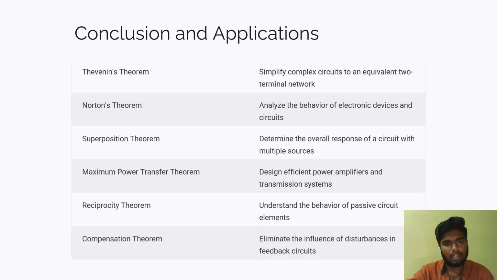Coming to the conclusion and applications of these theorems: Thevenin's theorem simplifies complex circuits to an equivalent two-terminal network. Norton's theorem analyzes the behavior of electronic devices and circuits. The superposition theorem determines the overall response of a circuit with multiple sources.